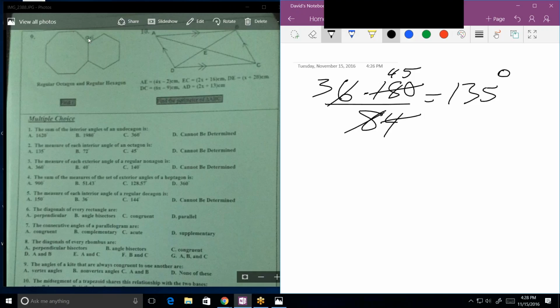So rather than thinking of exterior angles, this 3x is not an exterior angle of either the octagon or the hexagon. To get an exterior angle, it has to go like that. But that doesn't happen here.